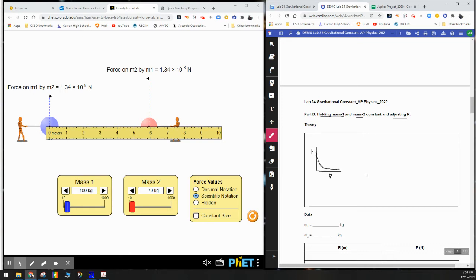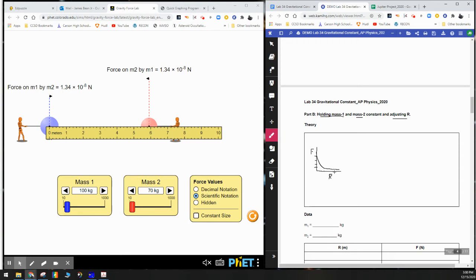It's going to be inverse square. So it should look something like this, where this is 1, this is 2, this is 3, this is 4.